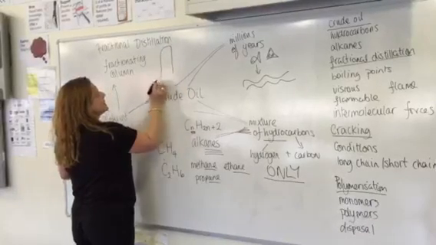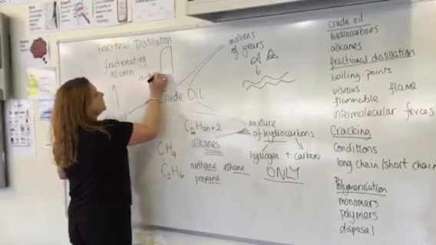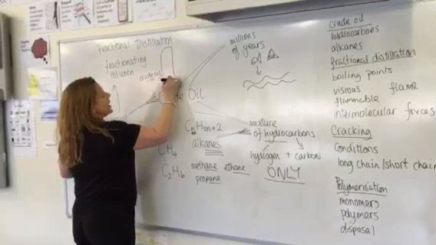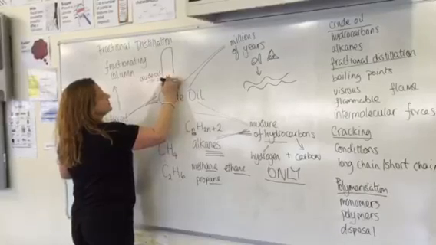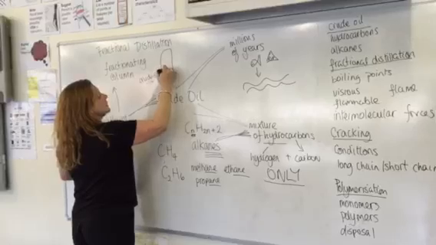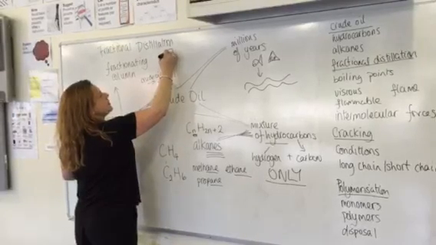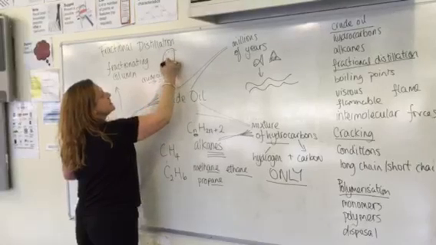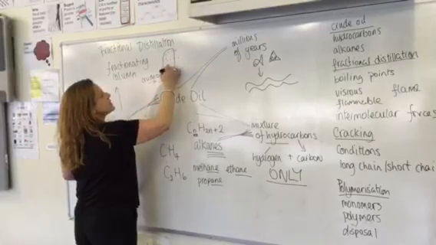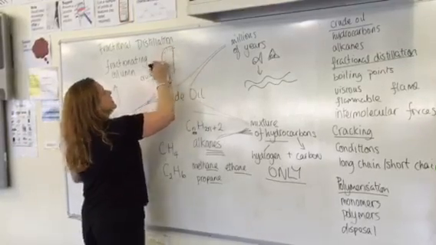And what happens is the crude oil is pumped in down the bottom. And this is where all the heat is. And what happens is the crude oil vaporizes and it rises up, and then they all condense at different temperatures. So these are the key bits.